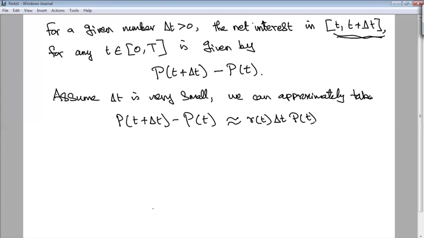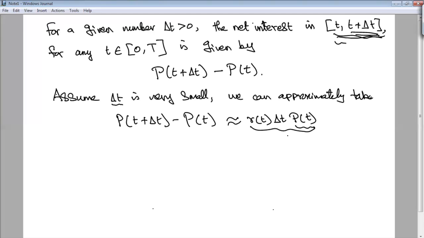Okay, so starting from the time t at which your principal was P of t, you obtain the simple interest at the time t plus delta t, that is given by this. Although we have compound interest, since our delta t is very small, we may approximate that compound interest by this simple interest.